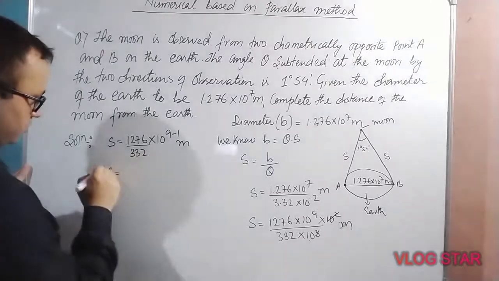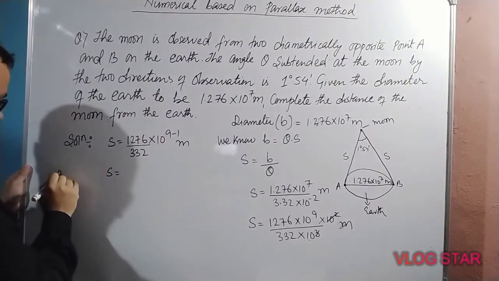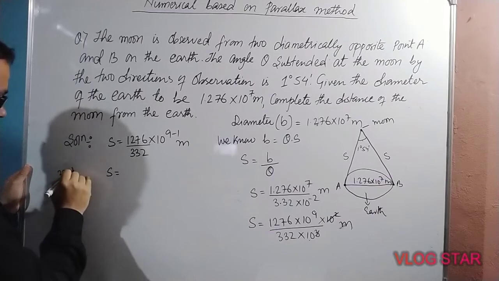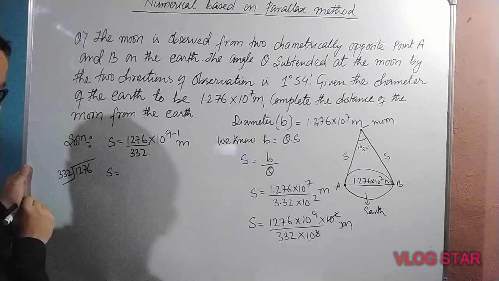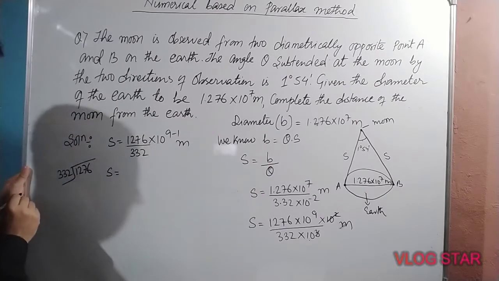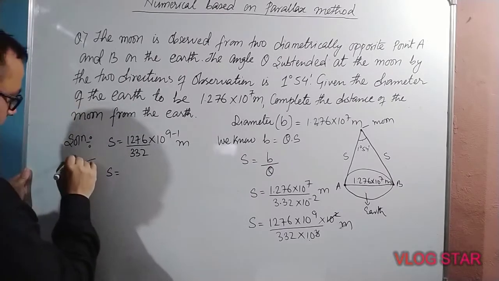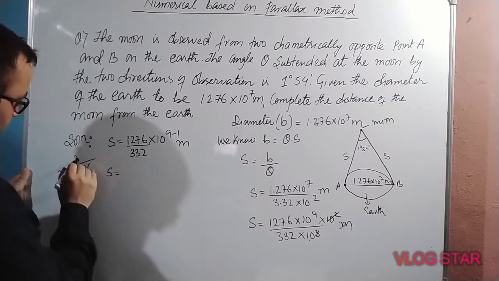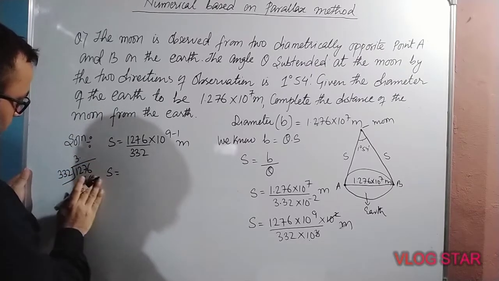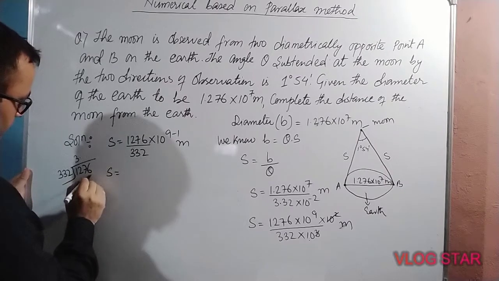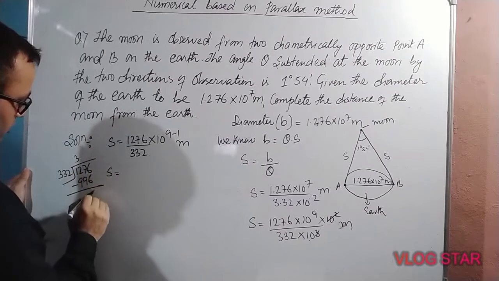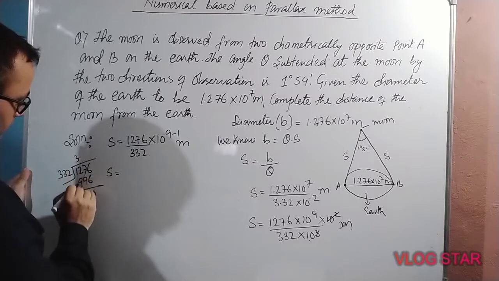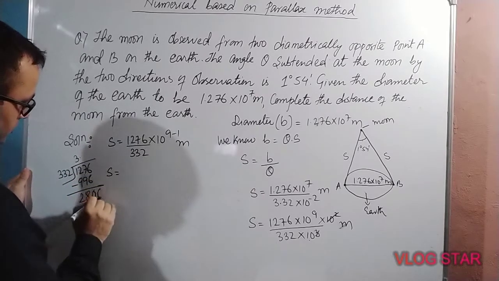So s equals, now divide 332 into 1276. It will be 3 times, 996. Now subtract it: 280.